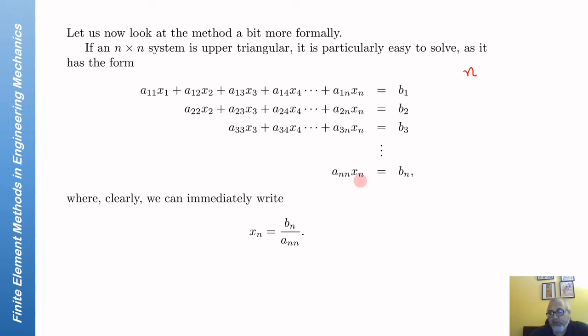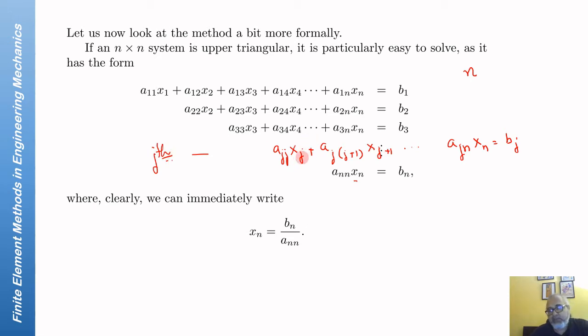Now obviously what we do is we start the back substitution immediately, and from here xn is simply bn by ann, and then at any stage, let's say at stage j, where your equation starts with ajj xj plus aj,j+1 xj+1 and goes all the way up to ajn xn equal to bj. This is the jth equation.